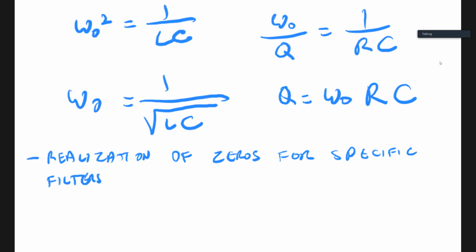So we're talking about whether we have a low pass, a high pass, etc. And we want to do that, in the case of this resonator, we're still working with the resonator, by forming a voltage divider.